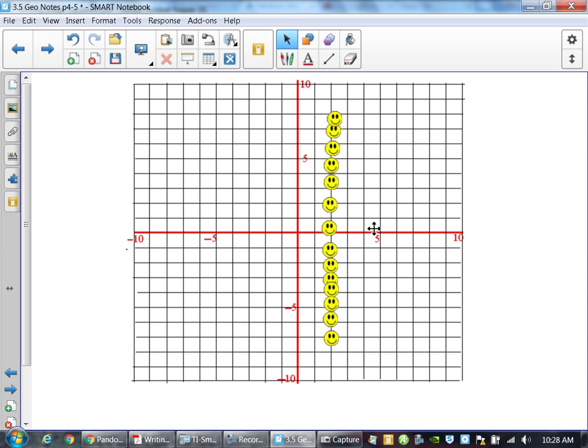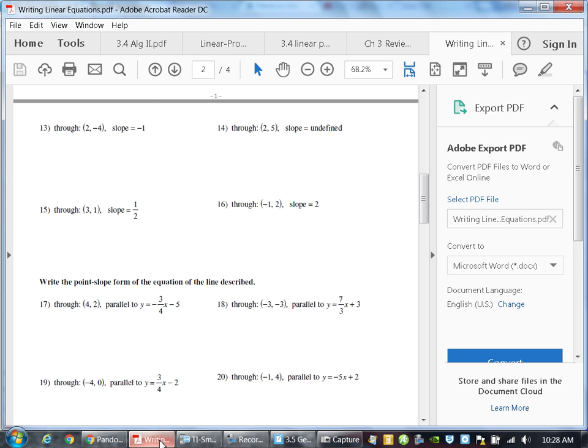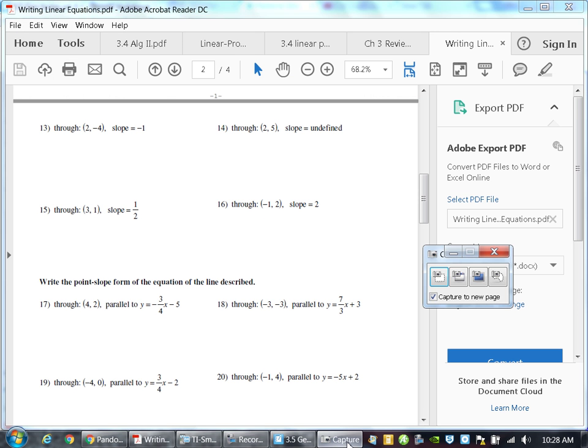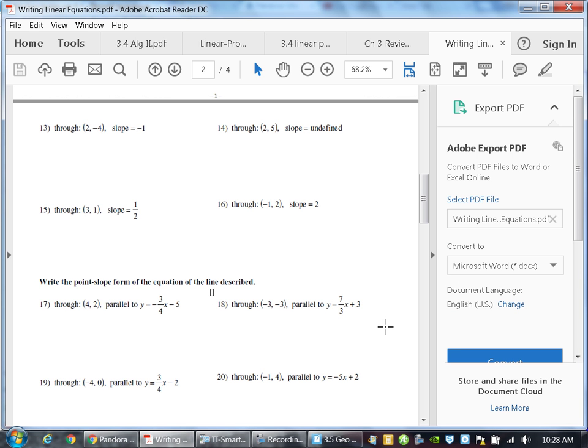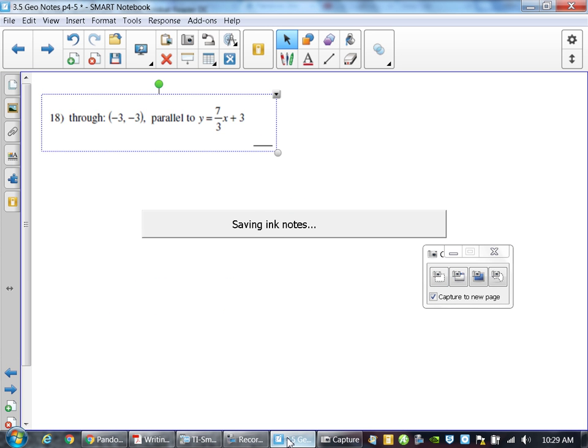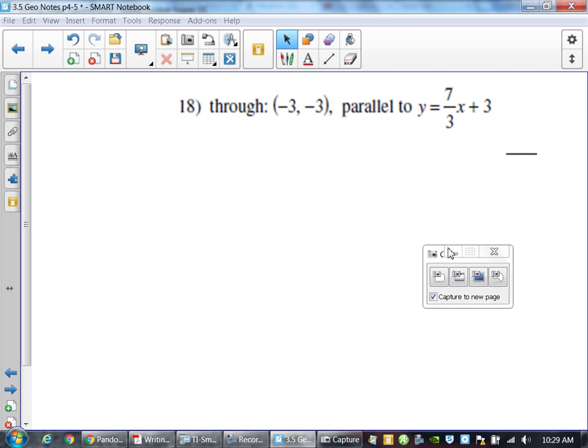Number 8. You're afraid of a fraction. Three-step process. We've got a parallel line through a specific point.